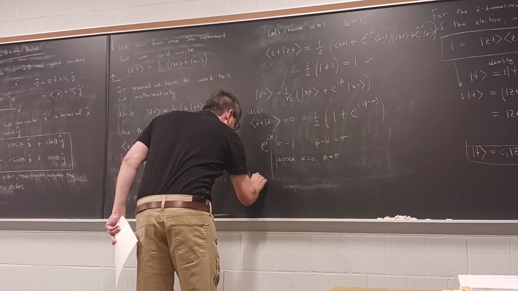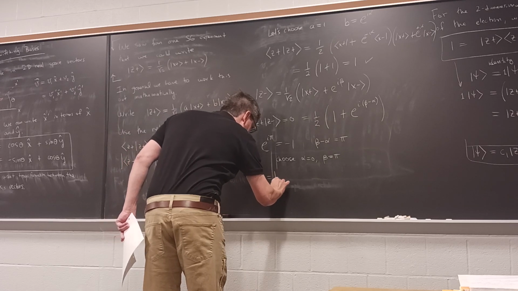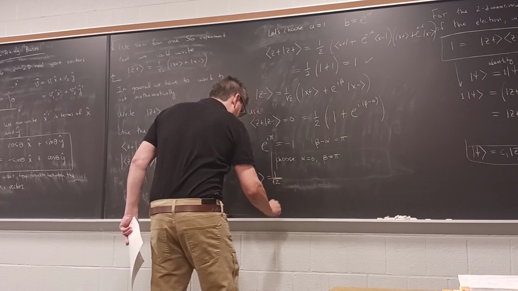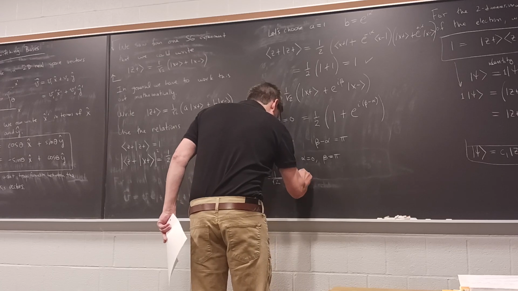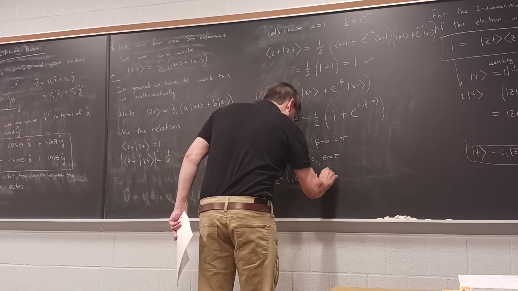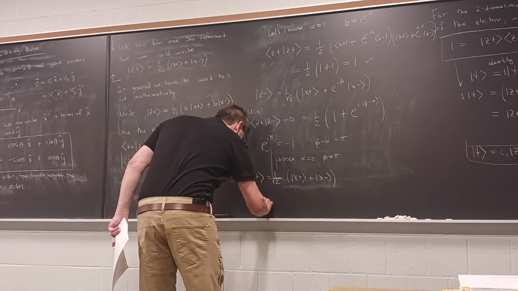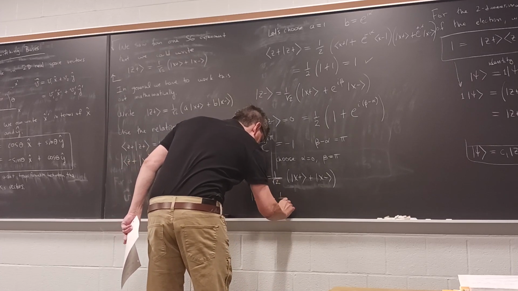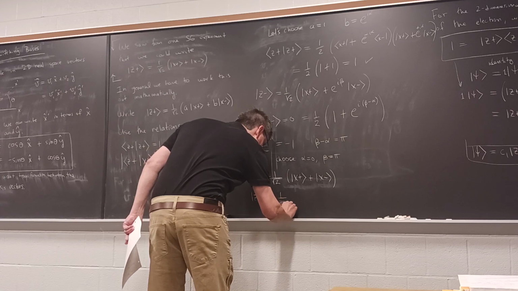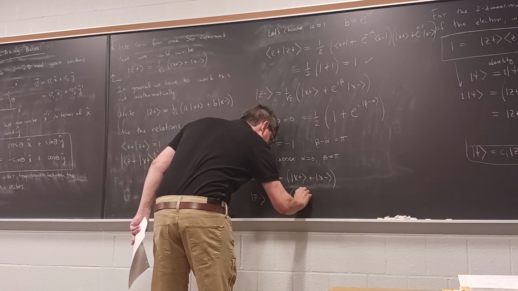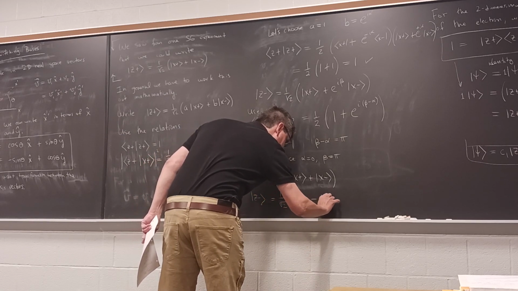Then we'll have z plus is equal to 1 over the square root of 2 (x plus plus x minus). And z minus will be 1 over the square root of 2 (x plus minus x minus).